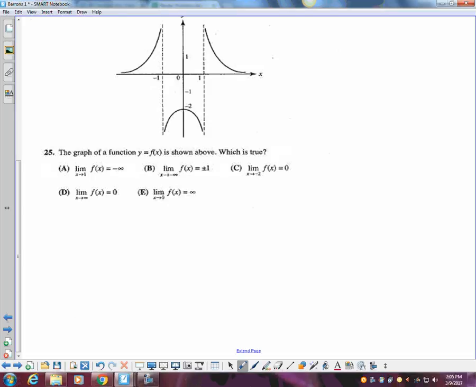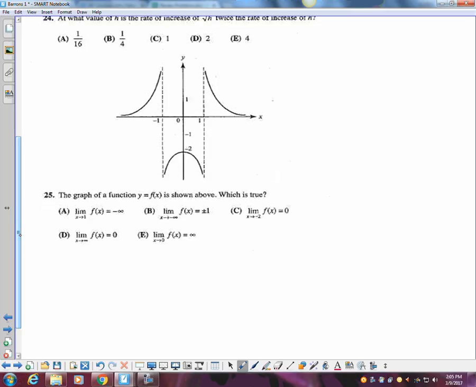All right. The graph is shown above, which is true. Okay, let's look. The limit as x approaches 1, it says the function is headed to negative infinity. What? The limit, remember you can approach a limit from either side? So if I approach 1 from the left, where am I going?